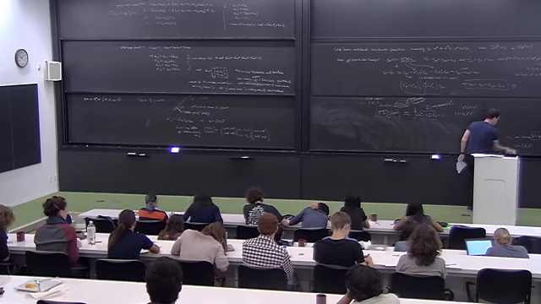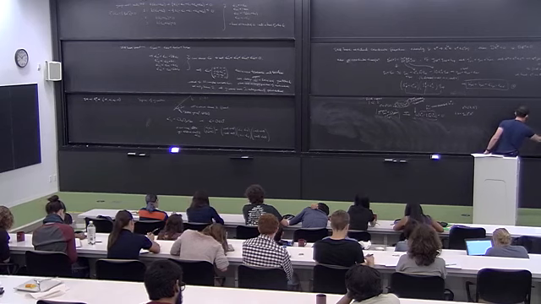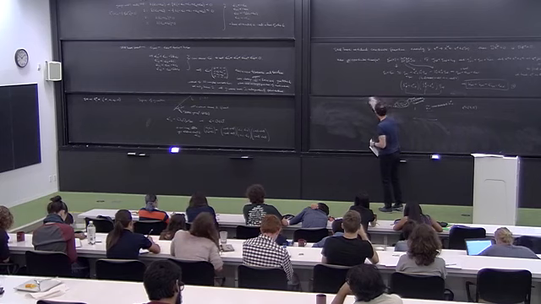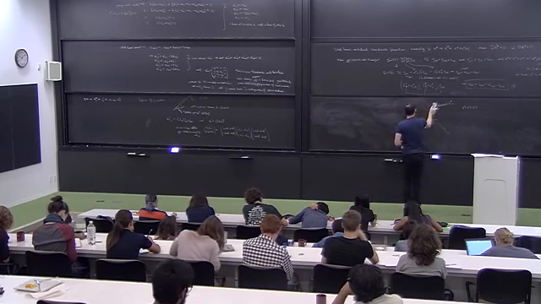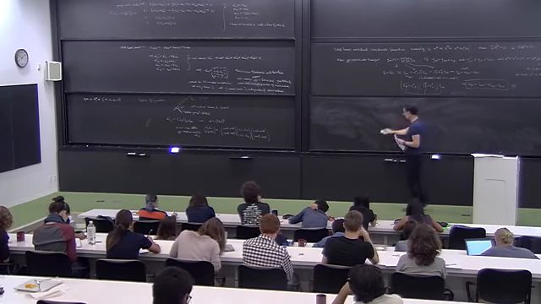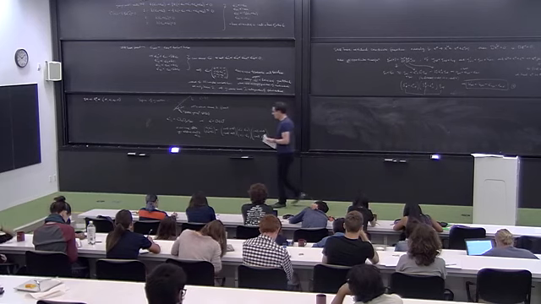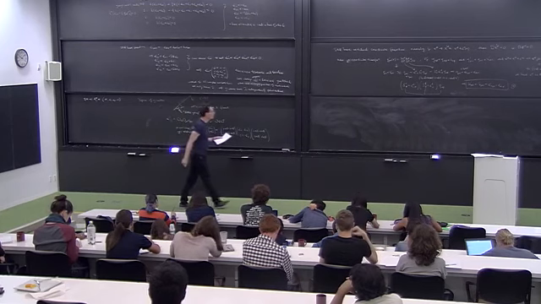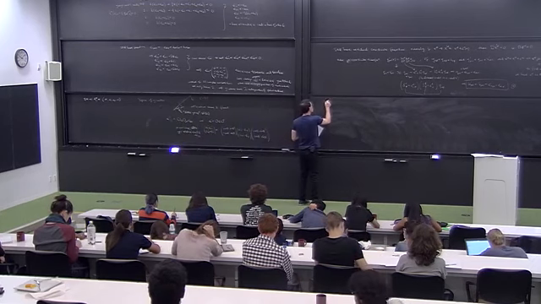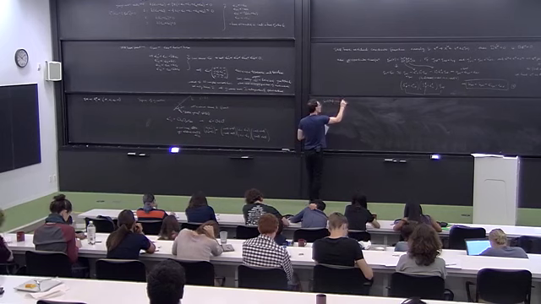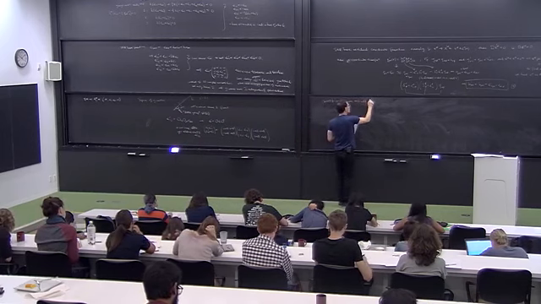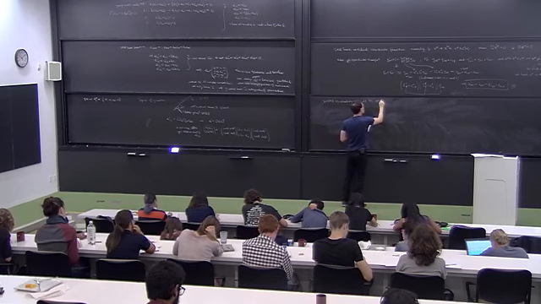So if you're ever considering some group which is abelian, you can always express its representations as a sum of one-dimensional representations. So somehow this has got to be one-dimensional. So the group SO2 is abelian, so all its irreps are one-dimensional.